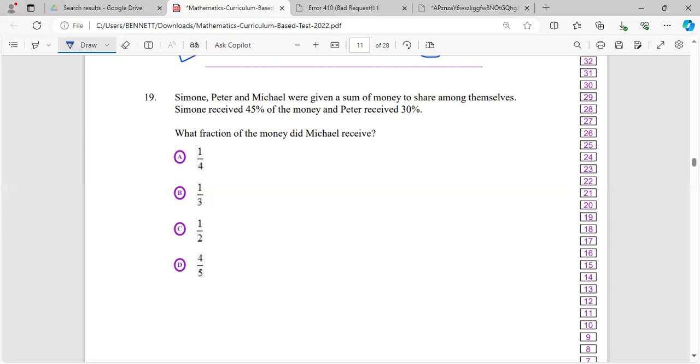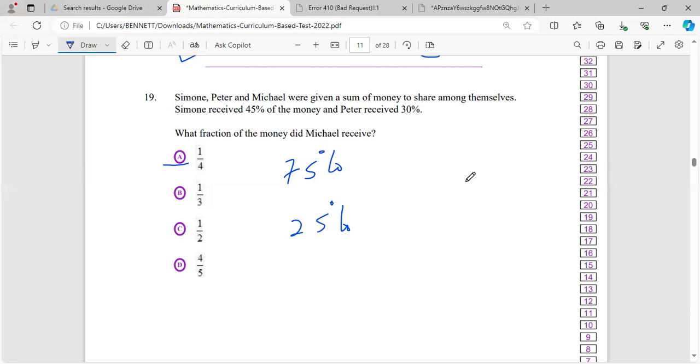Explain how you got A. Because Simone has 45% and Peter received 30%. If you add that up, it's 75% in total, and 75% from 100% is 25%, and 25% as a fraction is 1/4.